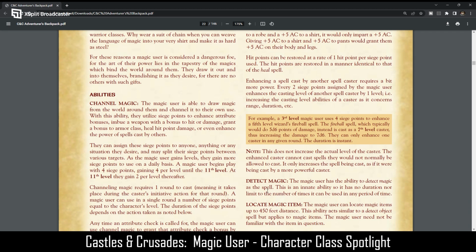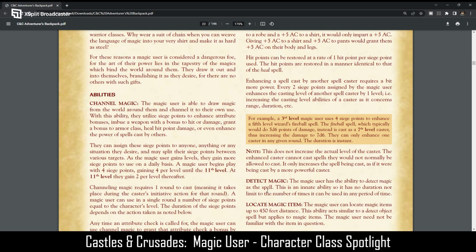Channel magic. The magic user is able to draw magic from the world around them and channel it to their own use. With this ability, they utilize siege points to enhance attribute bonuses, imbue a weapon with a bonus to hit or damage, grant a bonus to armor class, heal hit point damage, or even enhance the power of spells cast by others.